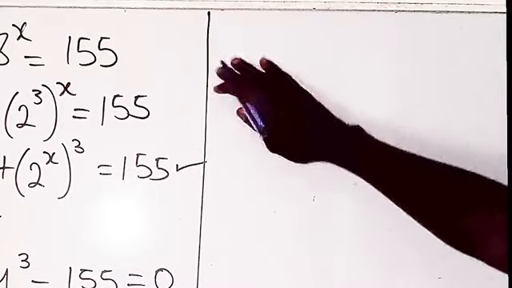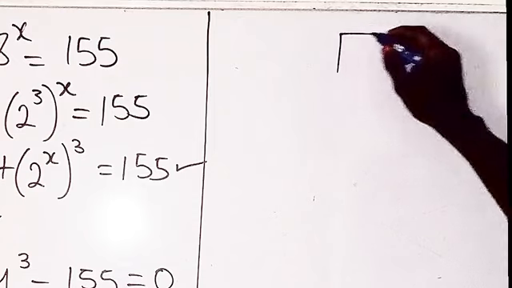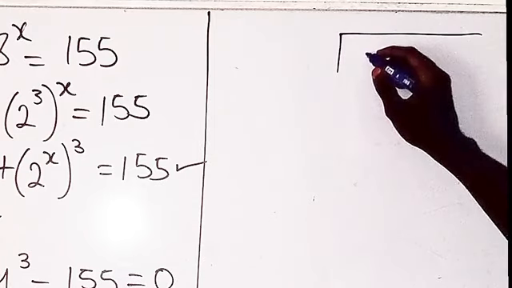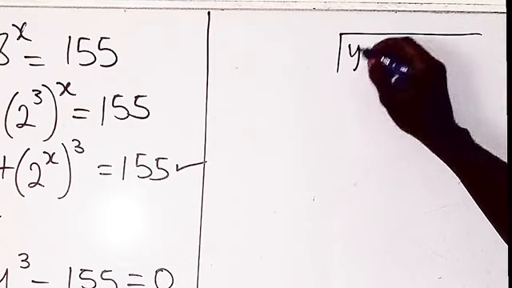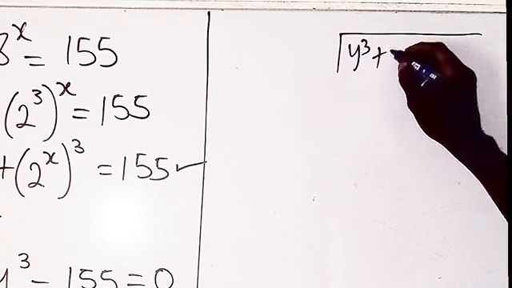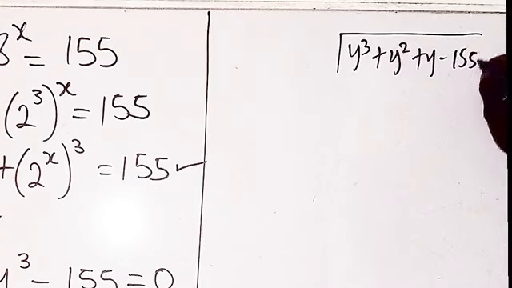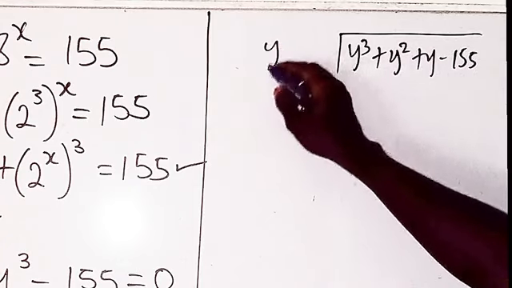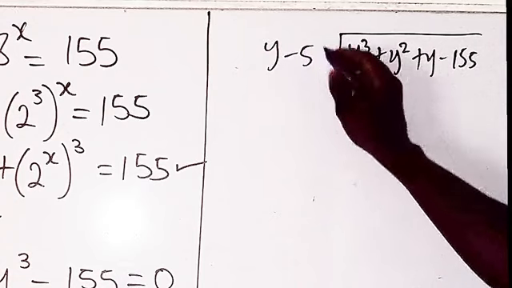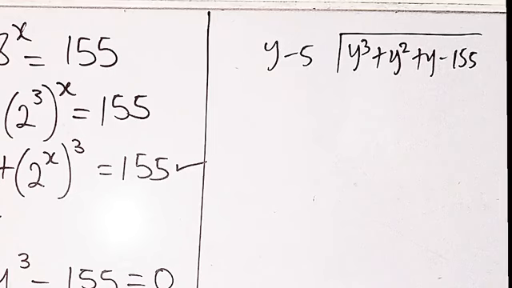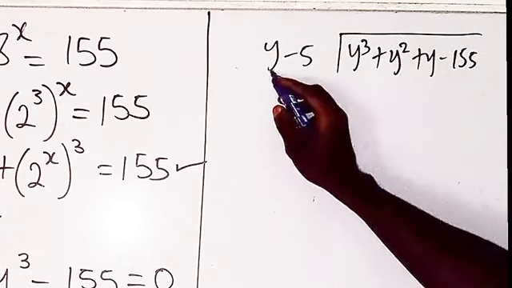So we have, using the division law, that is long division, y to the power of 3 plus y to the power of 2 plus y minus 155. We're going to use y minus 5, since y minus 5 is a factor. So this is going to be divided by this.